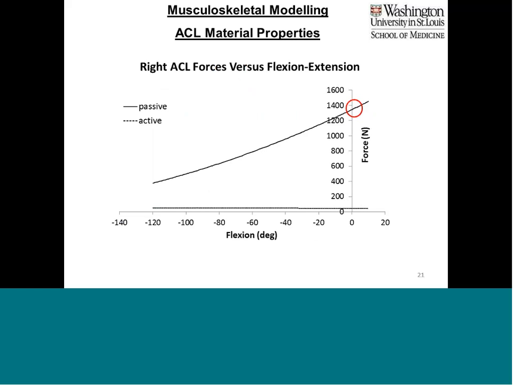So how does the tissue behave in a 3 degree of freedom knee when we set it up as a passive ligament? We have the knee between 120 degrees of flexion and 10 degrees of extension.